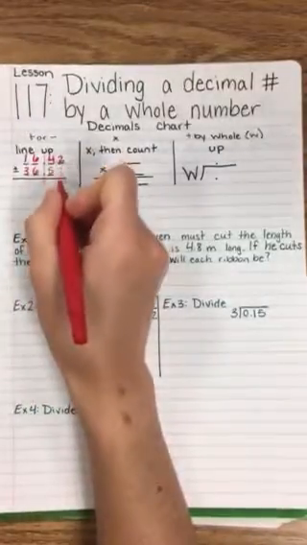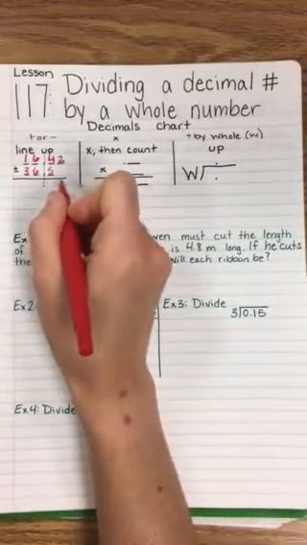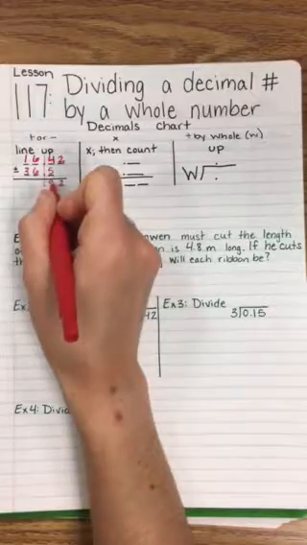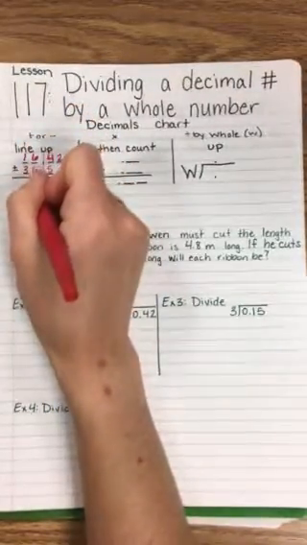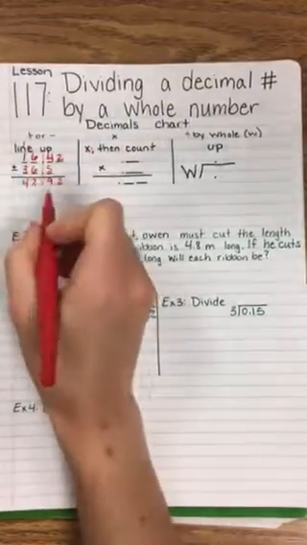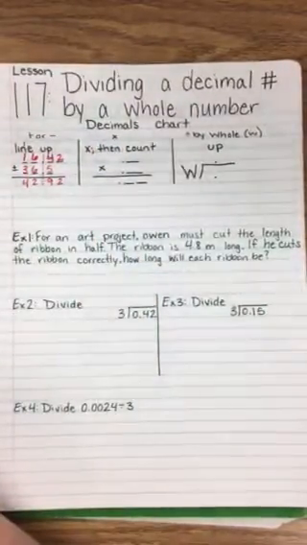Oh, my pen's running out, end of the school year. So then you're going to add them together. You have the 2, and then you have 9, and then you have 12. So you're going to have to carry 2, and then you've got 42 and 92 hundredths.